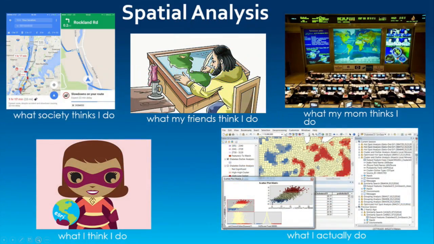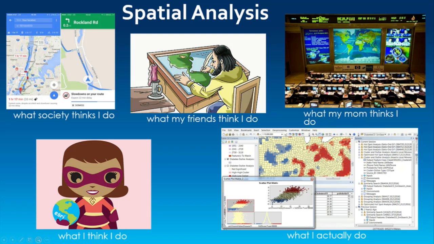All right, good morning, everyone. Do you guys remember this old meme? I'm just being silly here, but whenever somebody asks me what I do and I say spatial analysis, luckily I'm here at the Esri conference, so I don't think I really have to explain this to most of you.